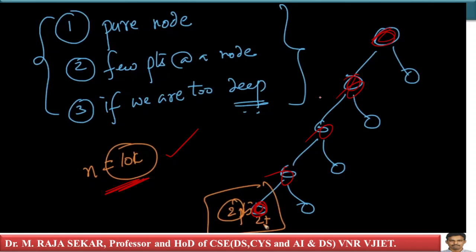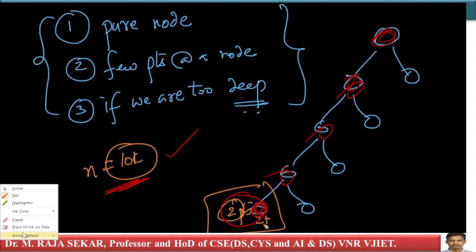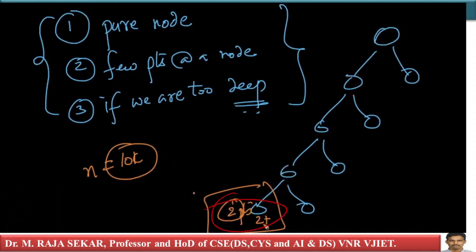If there are only 2 points here, while the total data set is very large, 10,000, I don't want to give a class label because I have only 2 points.